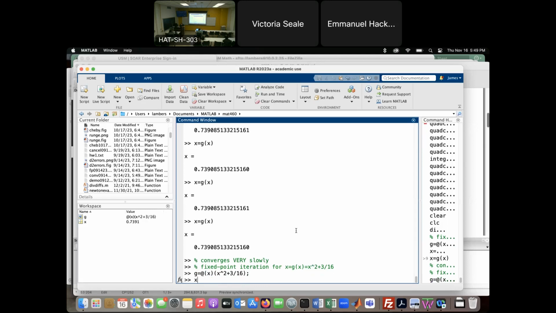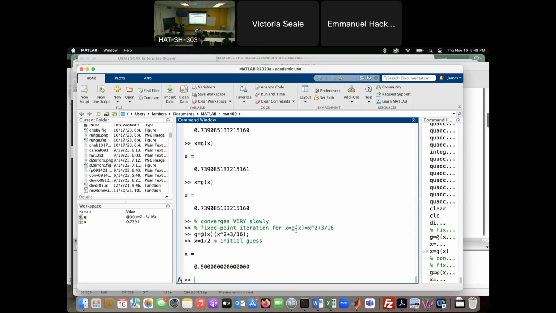And I'll define my initial guess to be 1/2. And let's see what happens. So we know that there are two solutions, 1/4 and 3/4. Which one are we going to get? The previous example converged very slowly. Let's see what happens with this one.